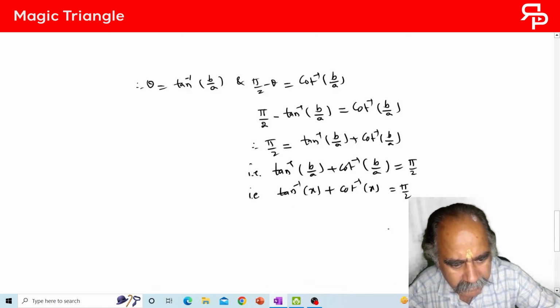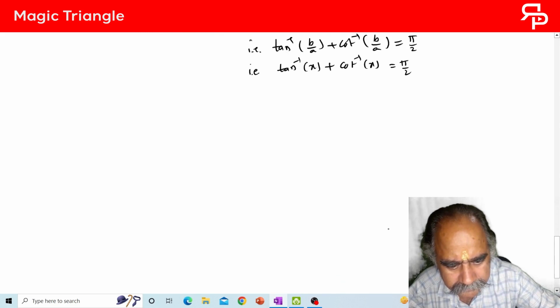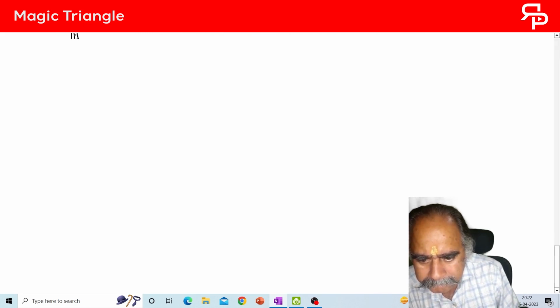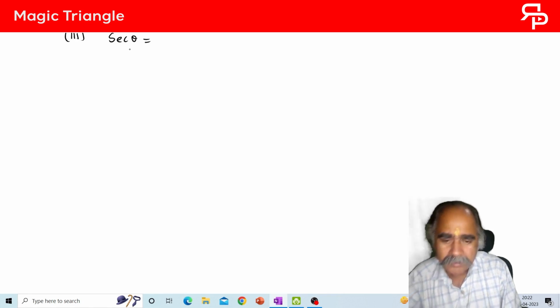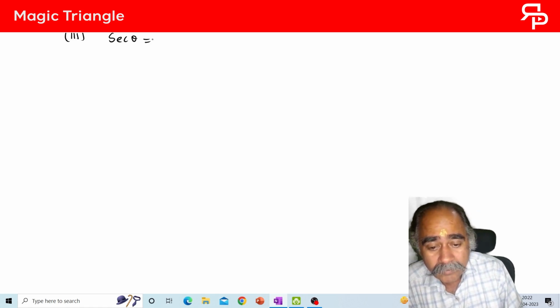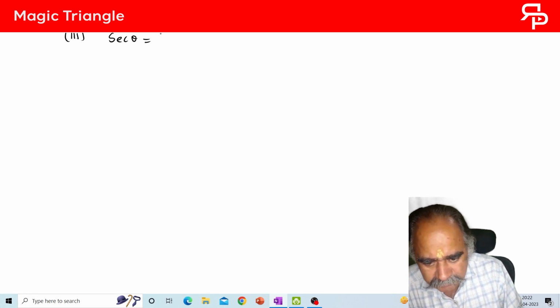Sec inverse and cosec inverse, number 3. Sec theta is what? Hypotenuse upon adjacent, where hypotenuse is C and adjacent is A. And what is cosec of pi by 2 minus theta?